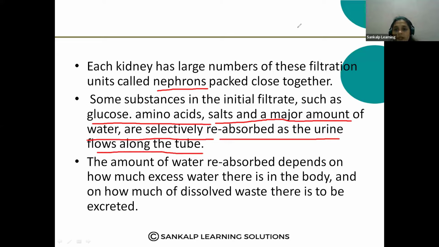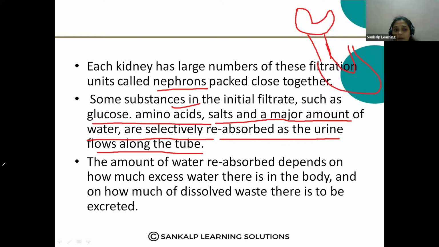So what I explained: in the glomerulus, filtration takes place. The remaining filtrate, which also contains some glucose, amino acids, salts, and a major amount of water, is reabsorbed in the tubular part of the nephron.